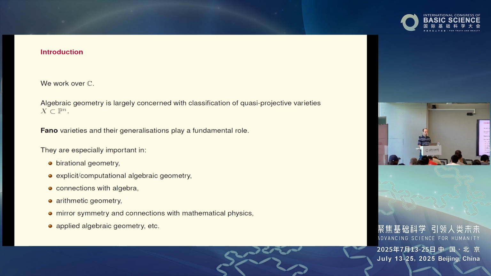And of course, also related in a very central, fundamental way to arithmetic geometry, to number theory, because again, they happen to be one of those spaces which are maybe more approachable from the arithmetic point of view. But they also play a very important role in mirror symmetry and more generally connections with mathematical physics. Again, I will talk about this in a bit more detail.